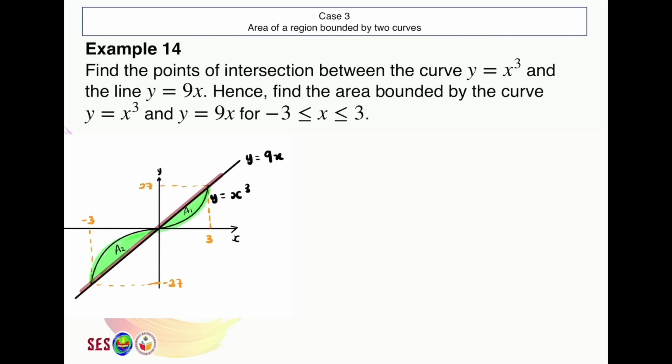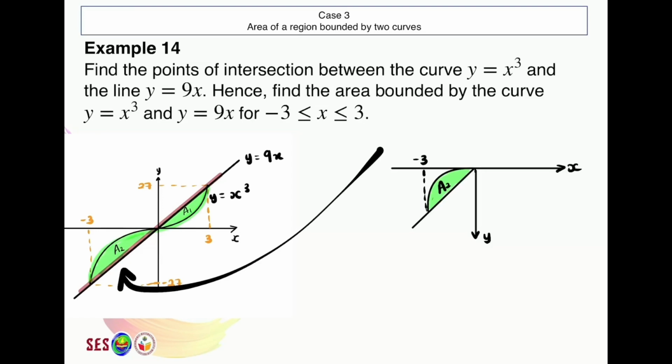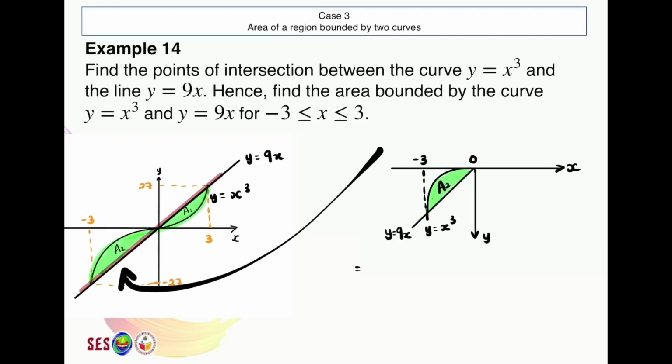And now if you were to focus on A2, the second area that we'll be computing, you could calculate area 2 by using the formula to find the area of the region bounded by the curve and the x-axis, just like what we have done in area 1. The integral over the interval from a to b. Now, our interval will be from -3 up till 0, and our upper function would be x cubed minus the function 9x.